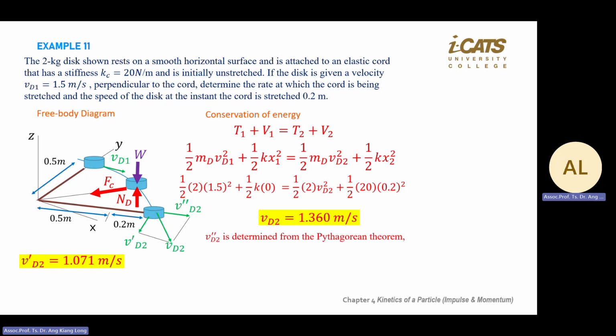So V2 you determine through Pythagoras theorem. You have this component, you have this component, you're able to find this one. You have the V2 tangent, you have the V2 radial. To find V2, you use Pythagoras theorem.